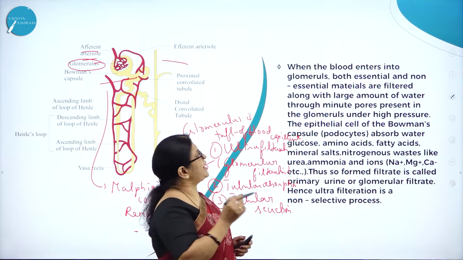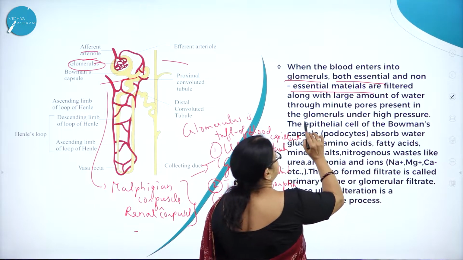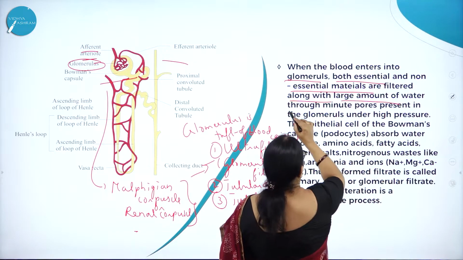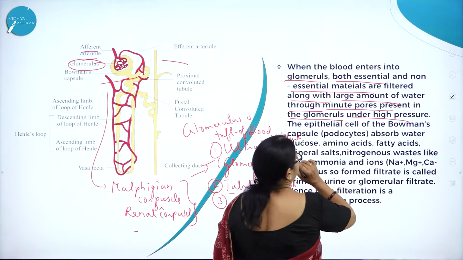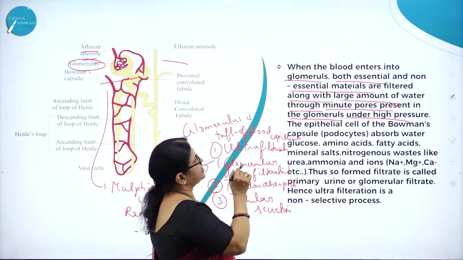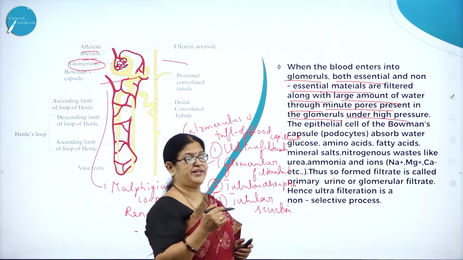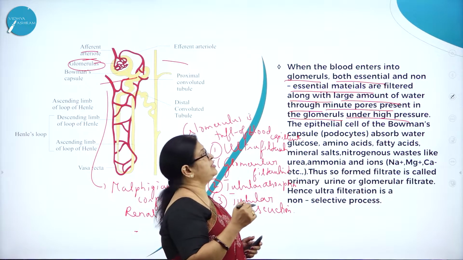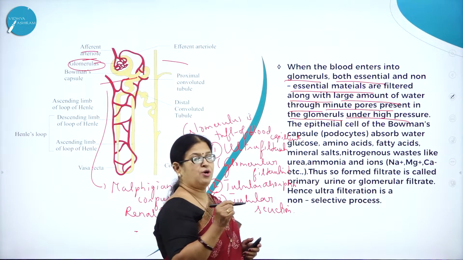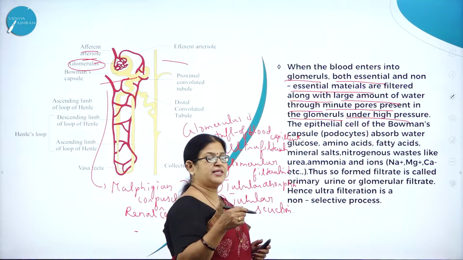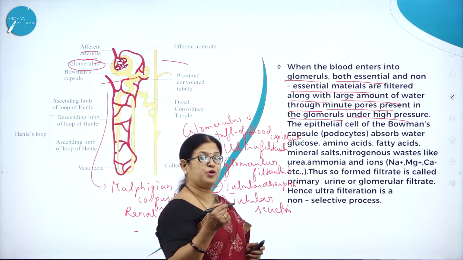So when the blood enters glomerulus, both essential and non-essential materials are filtered along with a large amount of water through minute pores present in the glomerulus under high pressure. Hope you remember that the cells that surround the space called the Bowman's capsule are cells called podocytes.